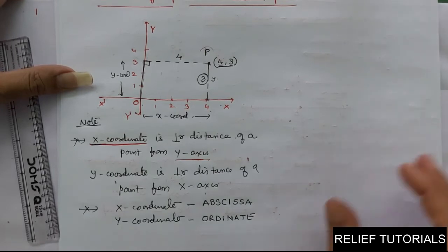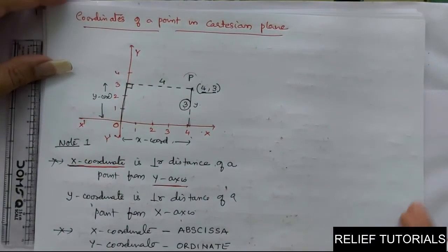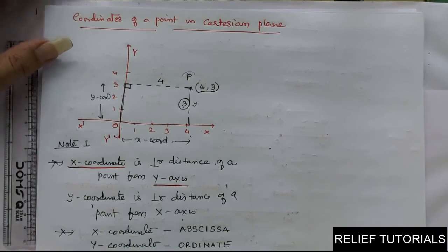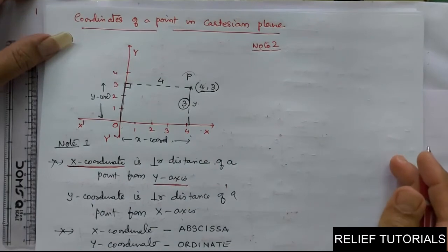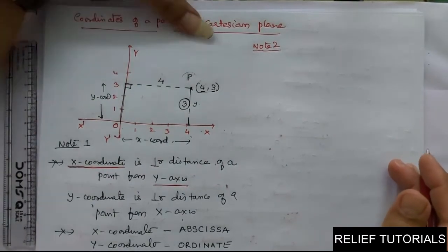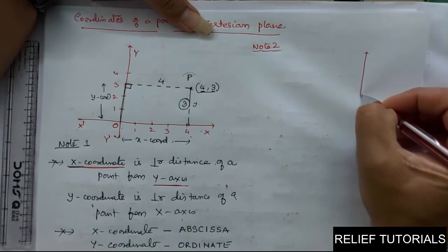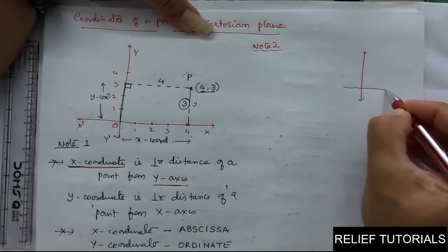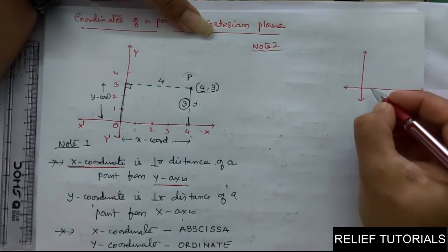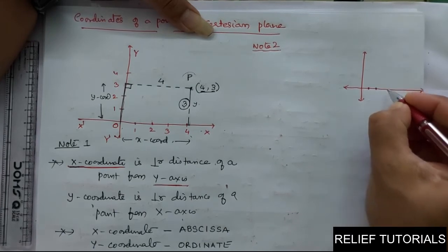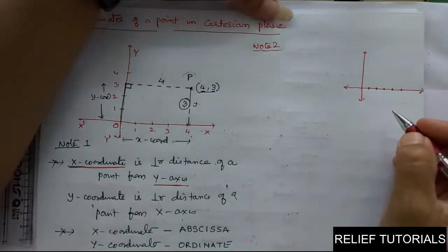Now, this is note 1. Now note 2. See here, I will draw this is the x-axis, this is point 1, 2, 3, 4, 5, whatever name.